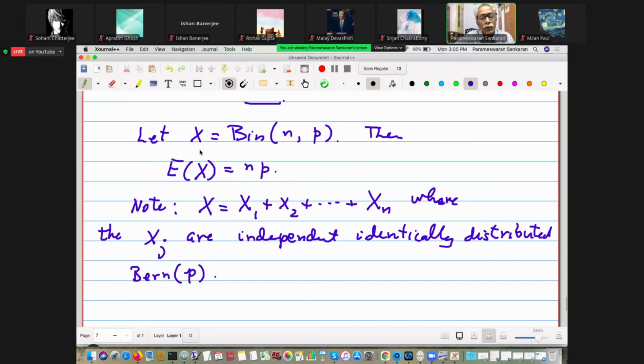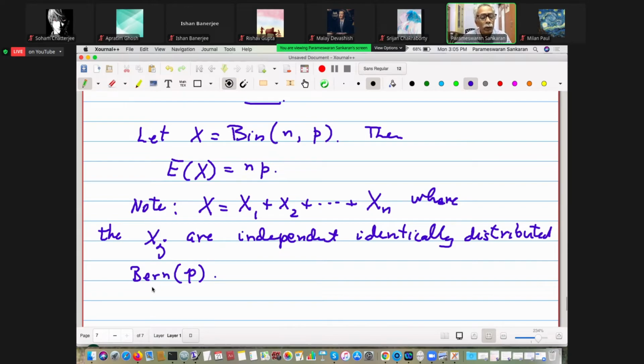So you have tossed the coin n times, and xj is the random variable which only looks at the outcome of the jth toss. It takes the value 1 if the jth toss gives you heads and 0 otherwise.